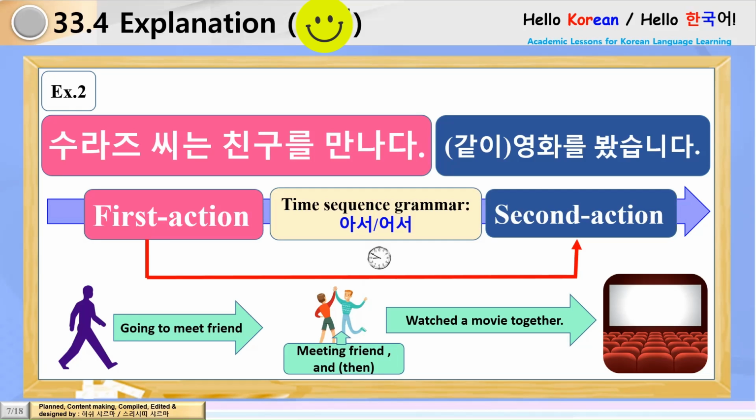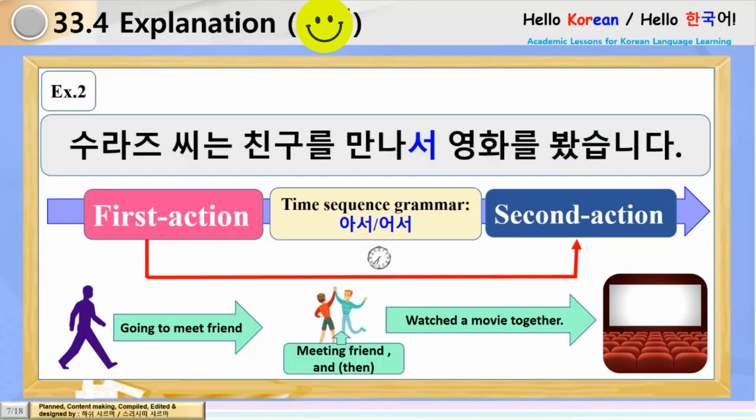We can combine these two actions with the grammar 아서/어서, because they are sequenced in time. And then after using the grammar for combining these two sentences, the sentence will become 수르 씨는 친구를 만나서 영화를 봤습니다.